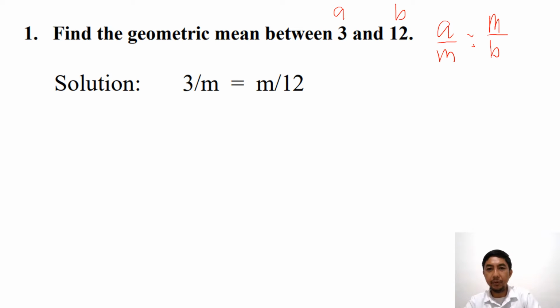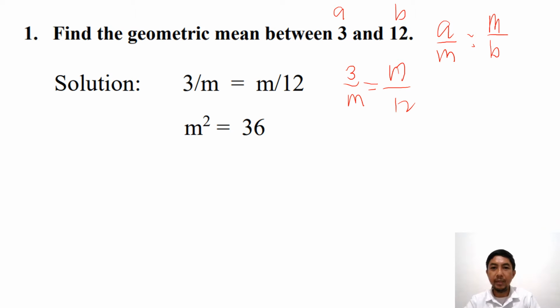Then we have m squared equals 36 because we just cross multiply. So m times m will give us m squared, and 3 times 12 will give us 36.